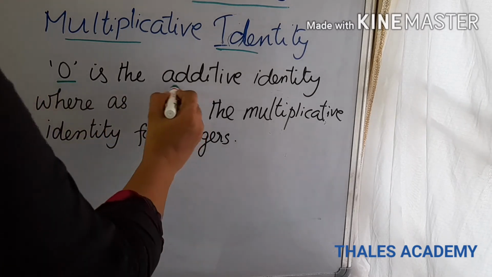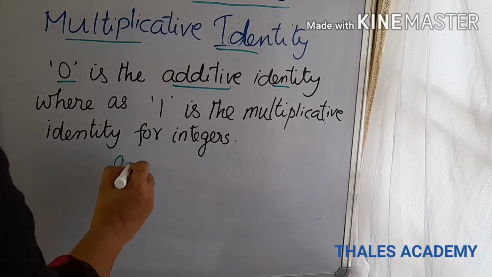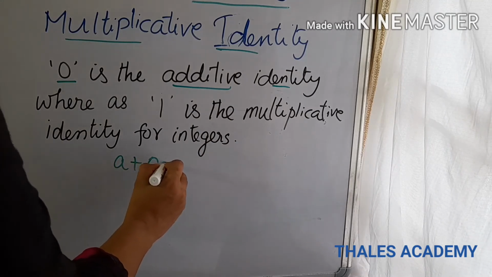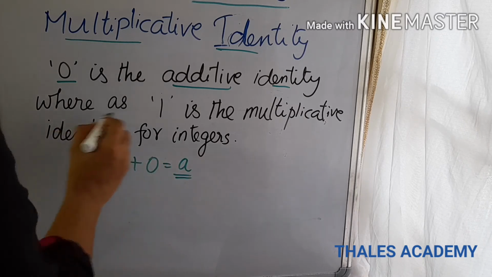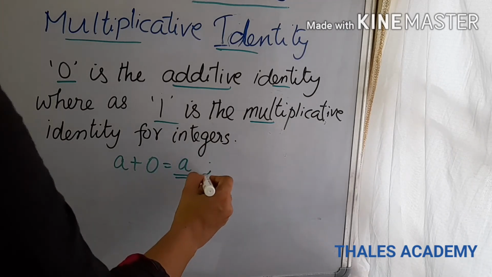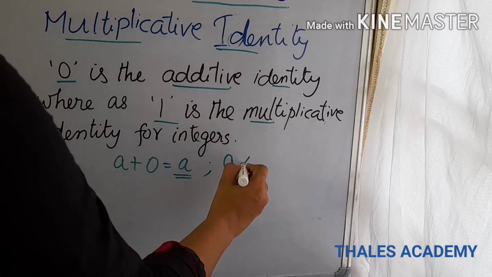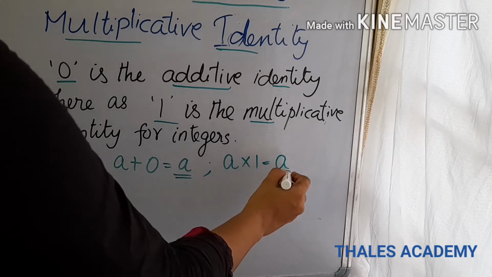That is, if we add an integer with 0, we get the integer itself. And if we multiply any integer a with 1, we get the integer itself.